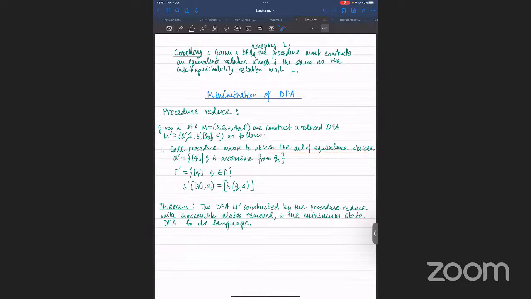The set of states in the new automaton is nothing but this set of equivalence classes. And what is your set of final states? It's those equivalence classes such that a member state q belongs to F, where F is the set of final states of the DFA.